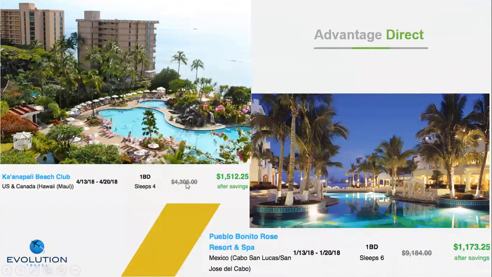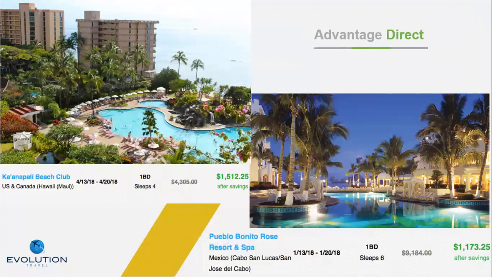So in this example, this resort went for $4,305 at the regular price. After savings, we can book that resort for $1,512. Emphasize that.